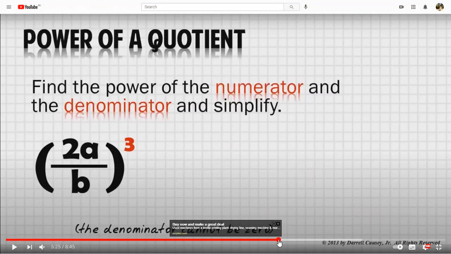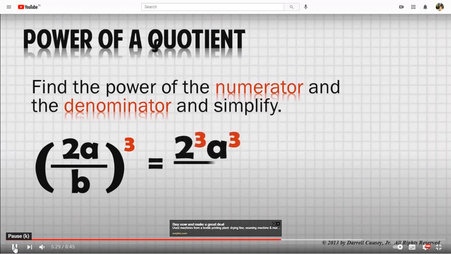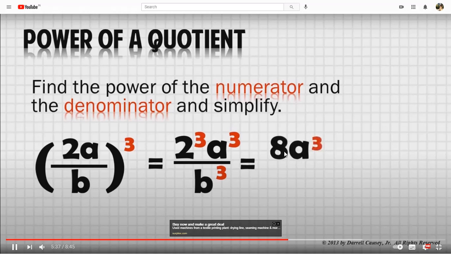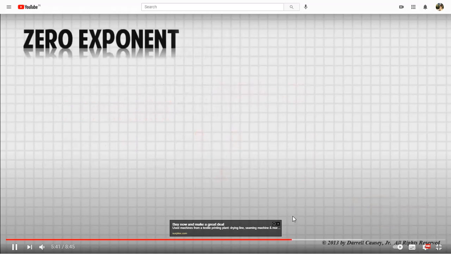I am showing you again. 2 cube is 8, so 8a cube by b cube.